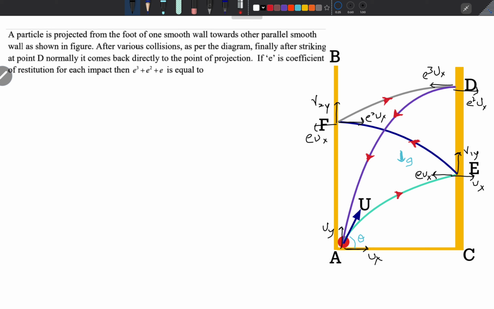Now, what is the basic idea? It collides horizontally at D, so the time taken to move from A to E, E to F, and F to D should be half of the time of flight. This is the next important step.